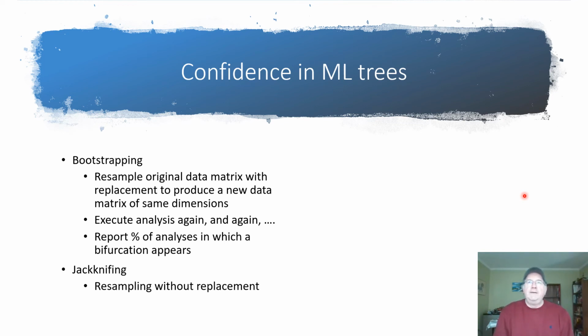A similar way of doing these sorts of confidence analyses is something called jackknifing, which is basically doing the same thing but resampling without replacement. So you're ending up with a smaller data matrix there. Conceptually, of course, you could also do it with the OTUs, but for practical purposes, the OTUs are set.